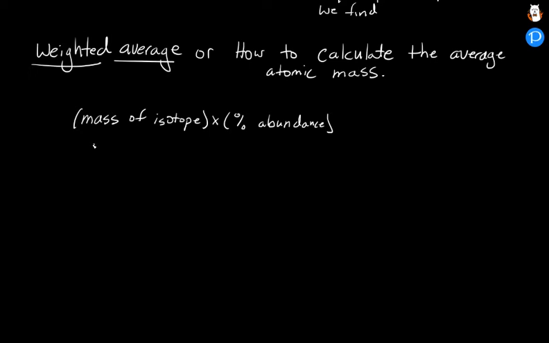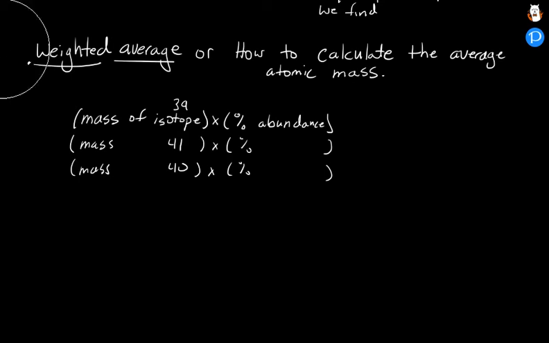So for potassium, there's 3 different isotopes, so I would have to do the mass times the percent abundance 3 times. So mass of K39, the mass of K41, and the mass of K40 times the percent abundance of each one, and then I would have to add all those together, and that would give me the average atomic mass. So let's just do that right now.